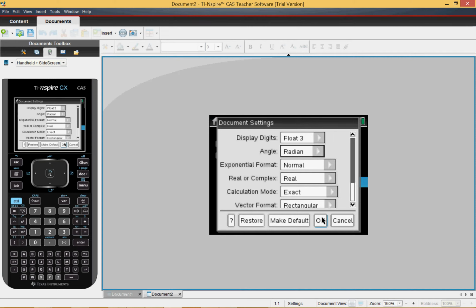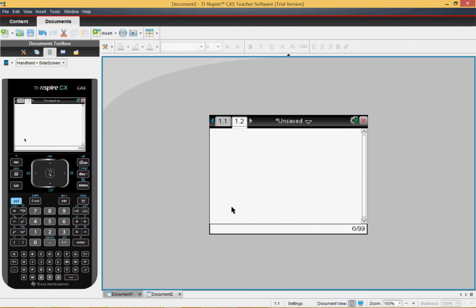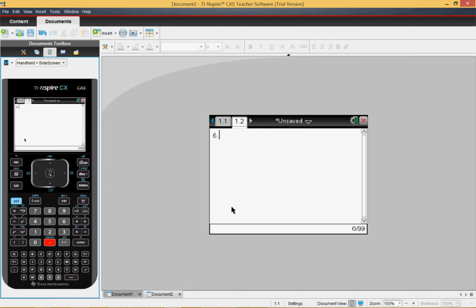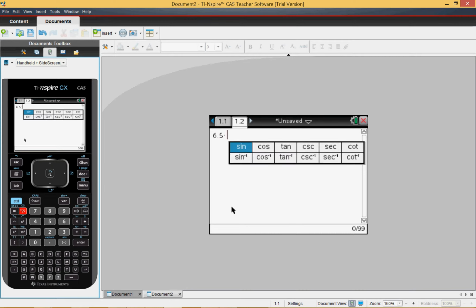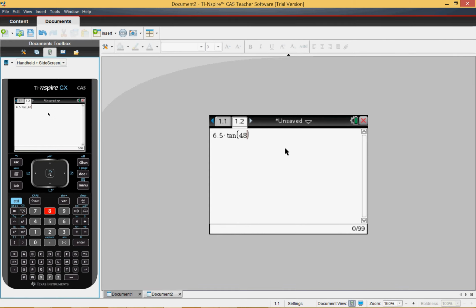But when I do 6.5 times tan of 48, because this is in radians mode, it's going to give you the incorrect answer.